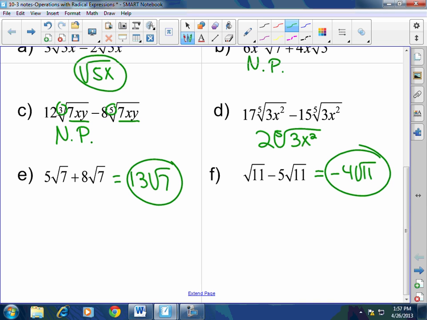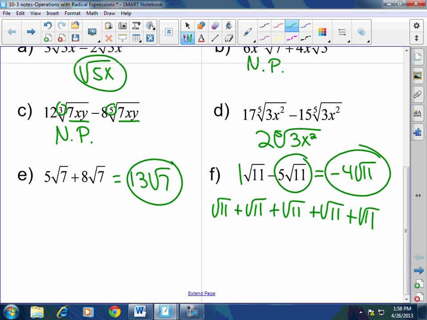I phrase it so that you know I have 1 square root of 11 minus 5 square roots of 11. Because basically 5 square roots of 11 means there's a square root of 11 plus a square root of 11 plus a square root of 11 plus a square root of 11 plus a square root of 11.